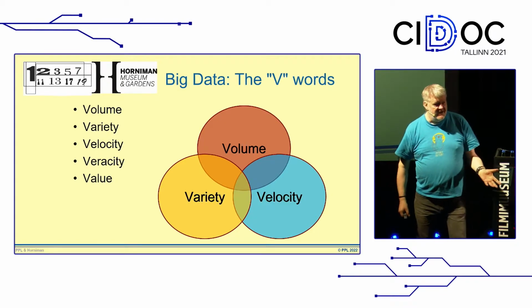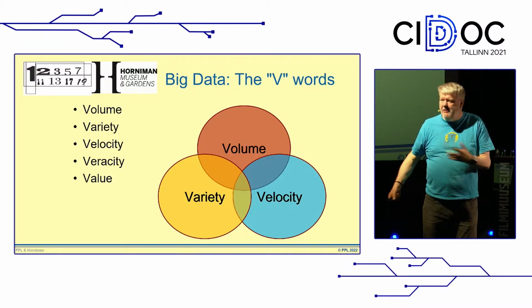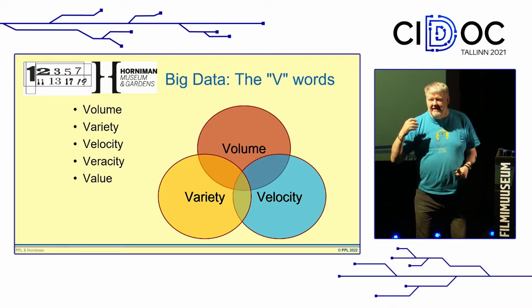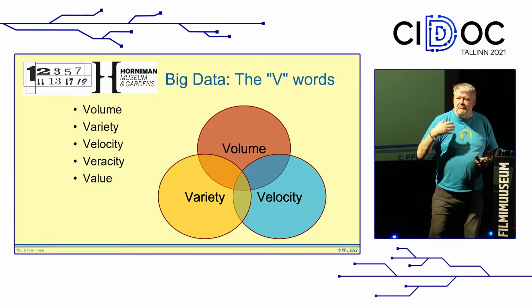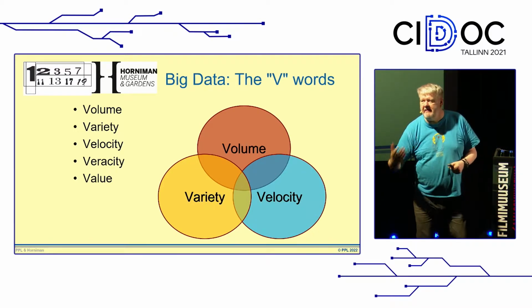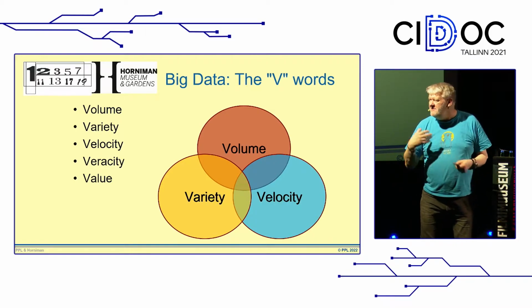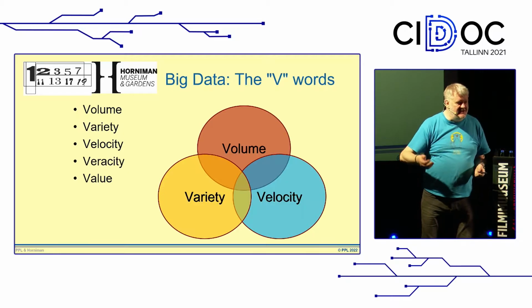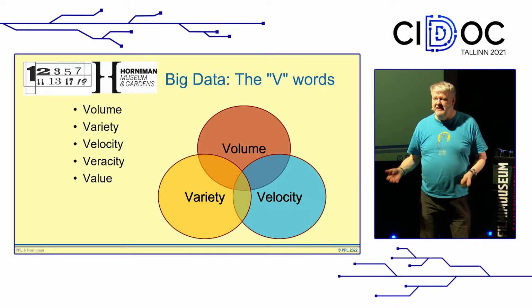And then velocity is, how quick does it move? I'm not talking about throwing it at somebody. It's how many records do we generate in a period of time. Now, we don't tend to worry about that a lot in museums because, as Hembo's just been saying, we're dead slow at creating new records.